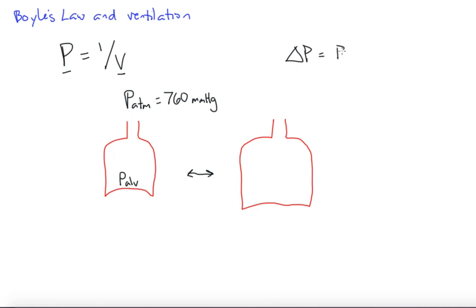We need a difference between P1 and P2, right? Because if atmospheric pressure and alveolar pressure are the same, then 760 minus 760 equals 0. There is no delta P, and there would be no air movement. That actually does occur during ventilation at specific points, but at that point, no air would be moving.